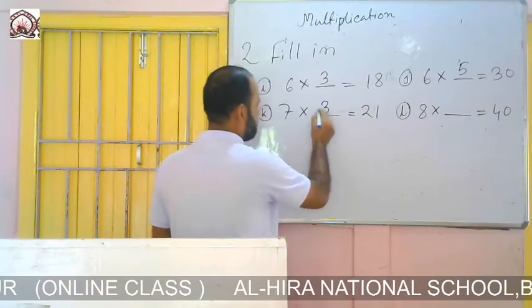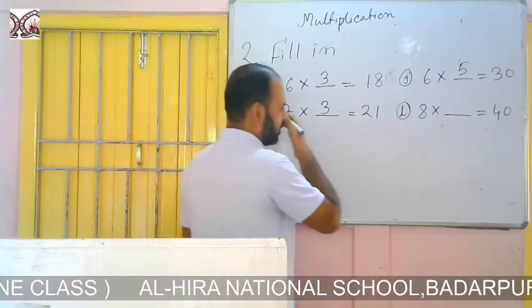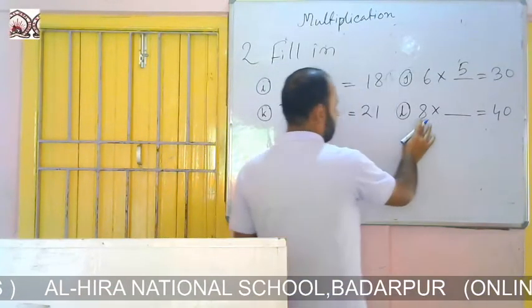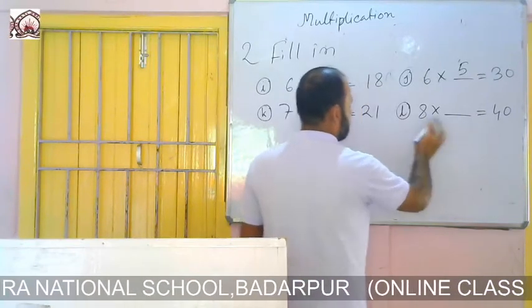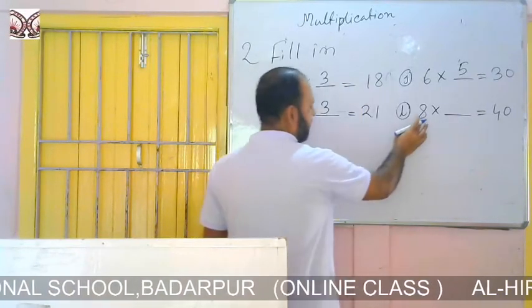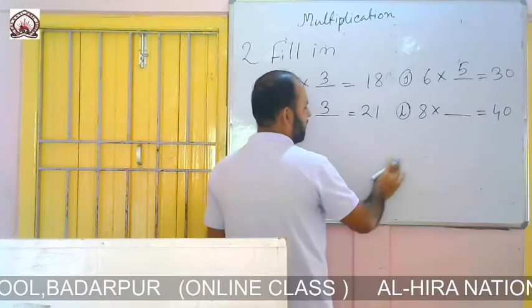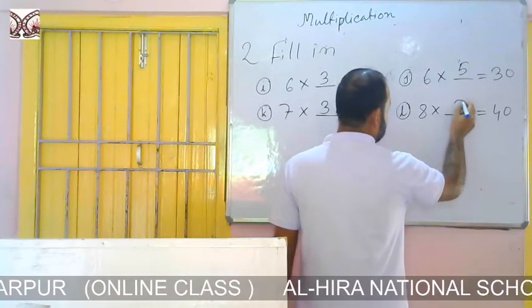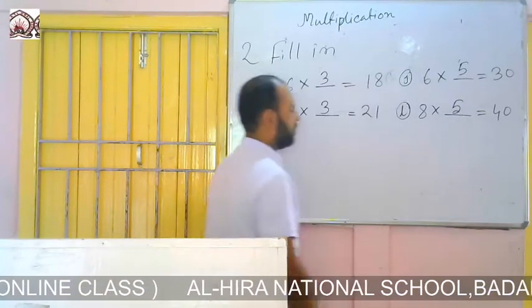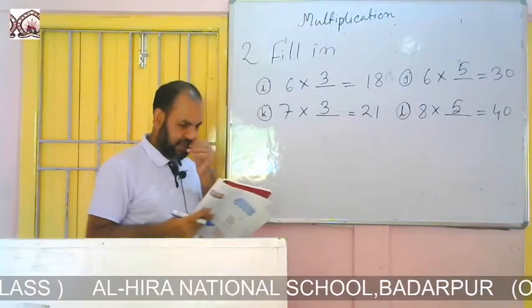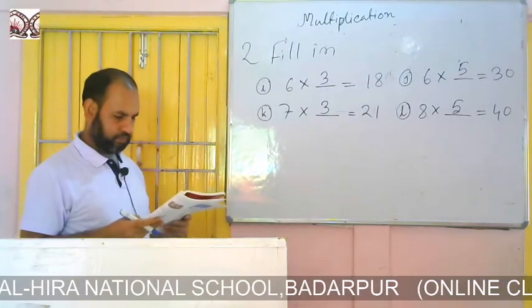So 8 1 is 8, 8 2s are 16, 8 3s are 24, 8 4s are 32, 8 5s are 40.